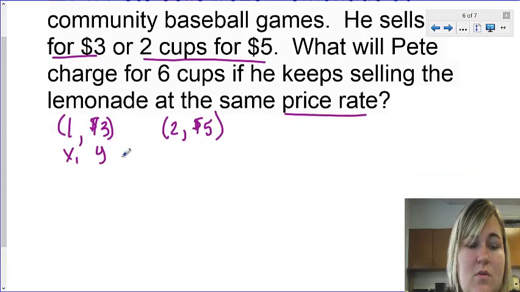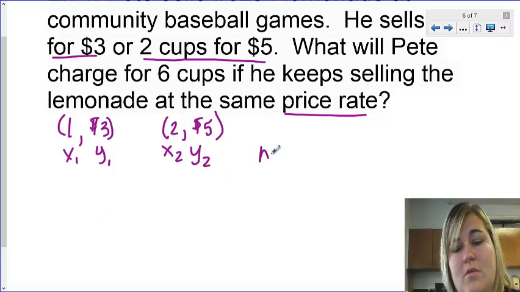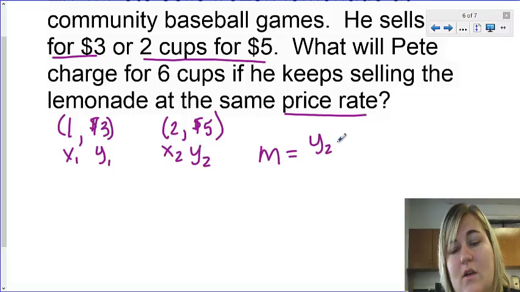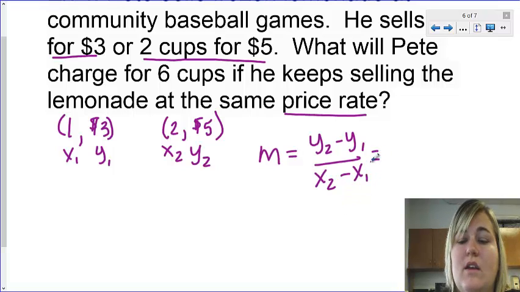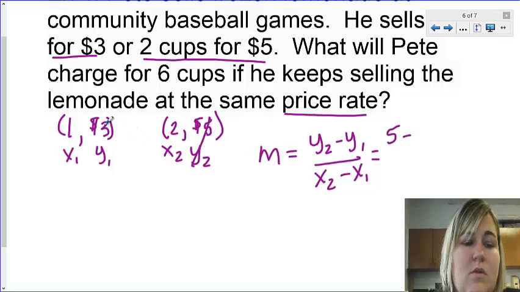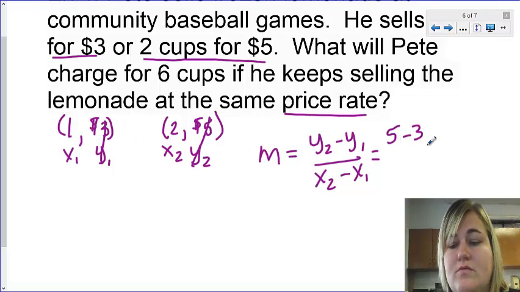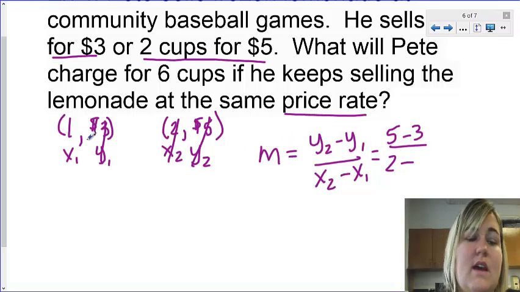So I have (x1, y1) and (x2, y2). So slope, we know we find by taking y sub 2 minus y sub 1 over x sub 2 minus x sub 1. And I'm just going to plug in here. So y sub 2 is 5 minus y sub 1 is 3 over x sub 2 is 2 minus x sub 1 is 1.